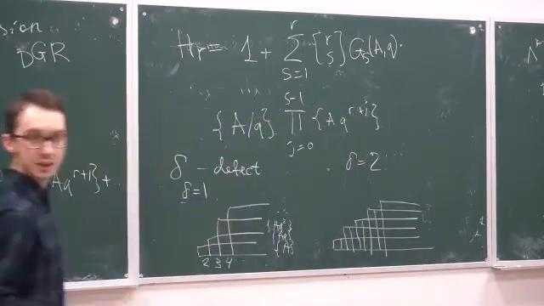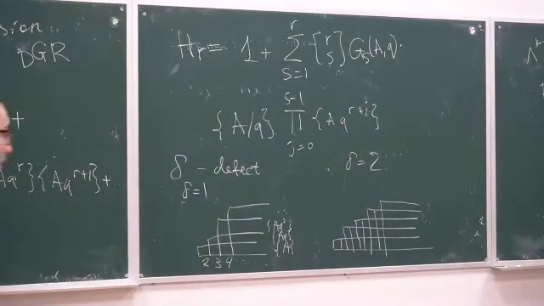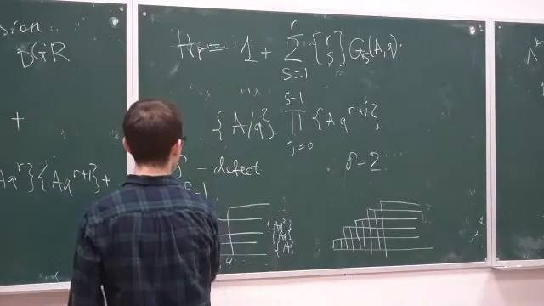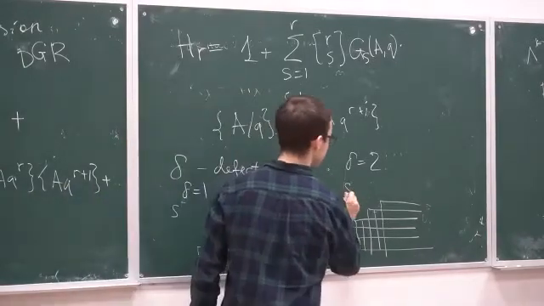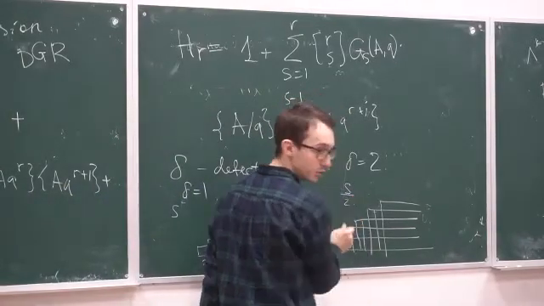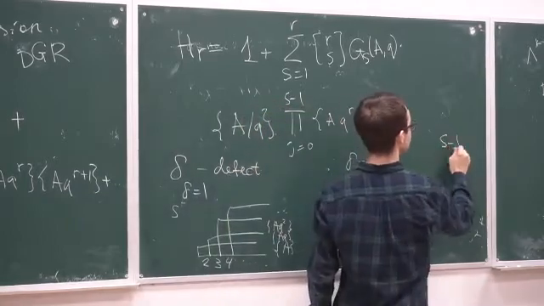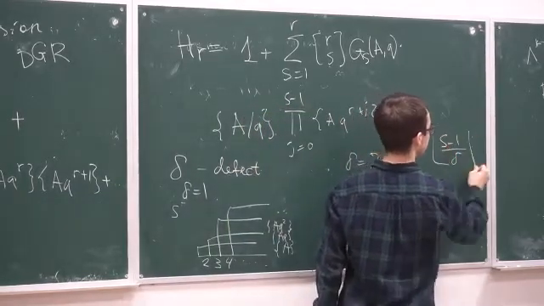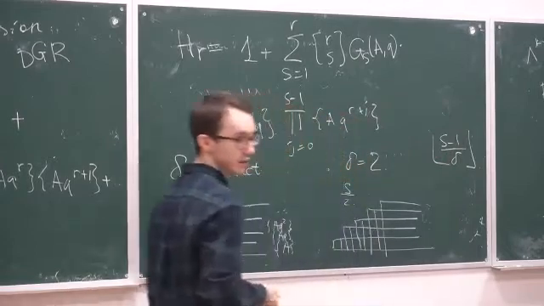Yes, exactly. So this grows approximately like s over 2. And in general, this is the integer part of (s minus 1) over delta.